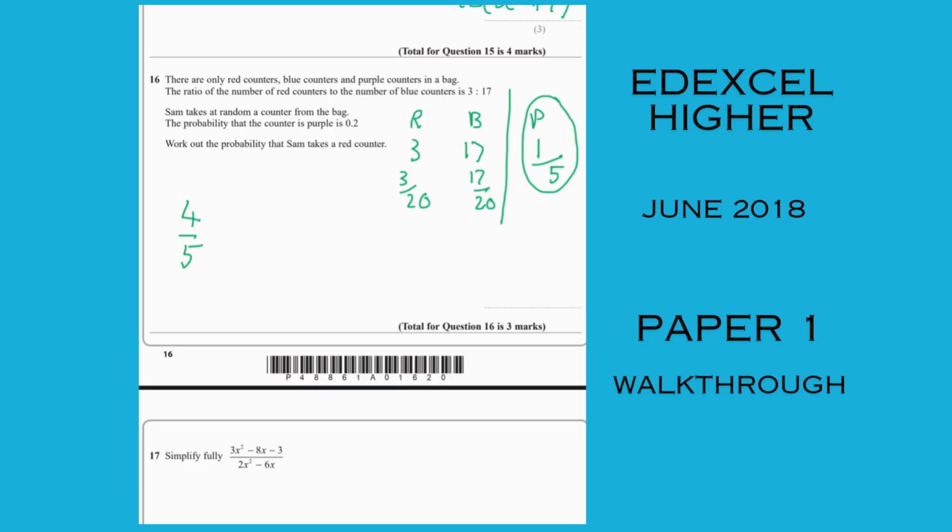Once we've banked that, we then need the probability that it's red. And out of red and blue, it's 3/20ths. Again, I'd pre-cancel. Divide the top by 4, divide the bottom by 4. What am I getting? 3 over 25. In other words, 0.12 if you want to go for decimals.